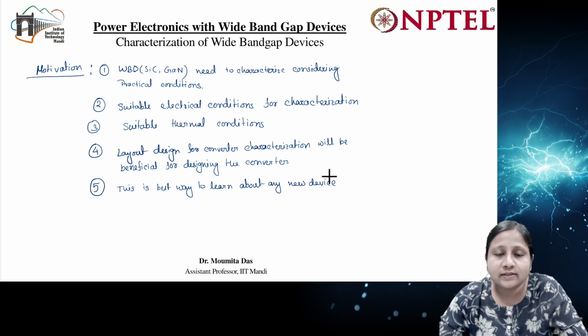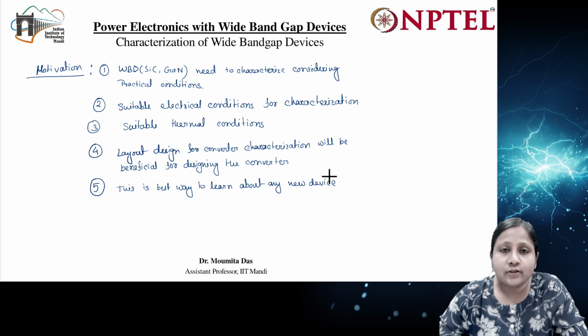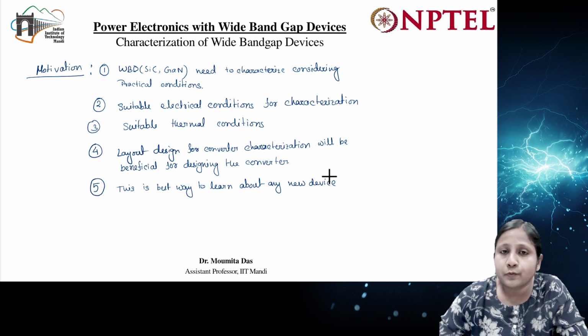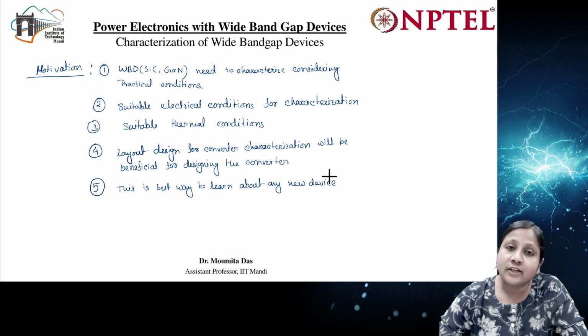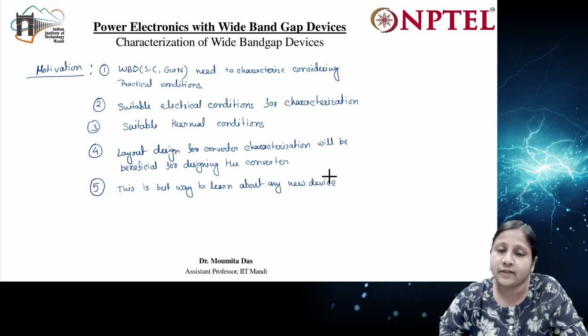And the second thing is that whenever we are characterizing a silicon device, additional wire length may not cause that much problem, because the parasitics for silicon devices may not be that significant, whereas they may be very significant for wide bandgap devices due to high frequency operation.